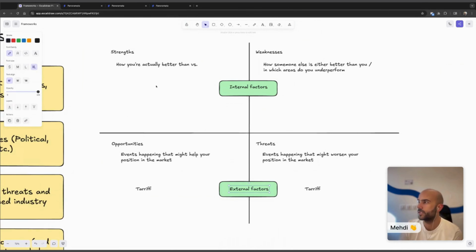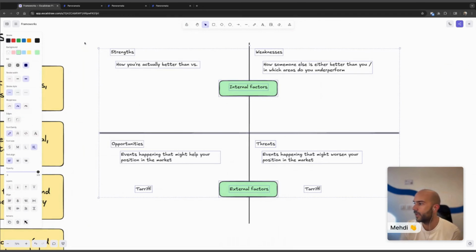So here's the SWOT matrix, which is the most known competitive analysis framework that you can use to quickly analyze your competitors. That's the first one. But the real interesting way to use it is to find ways to plan your next strategic moves. And this is the way to look at them.